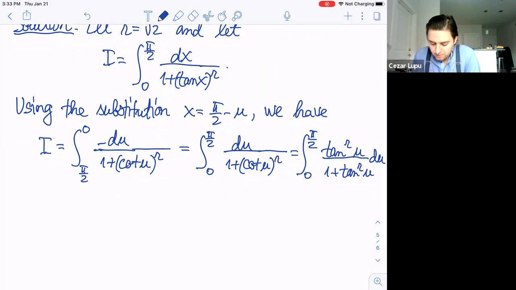So this is in terms of u, but it doesn't matter. You can change the variables again, you can go back to x if you want. You see, you have I equal to this.